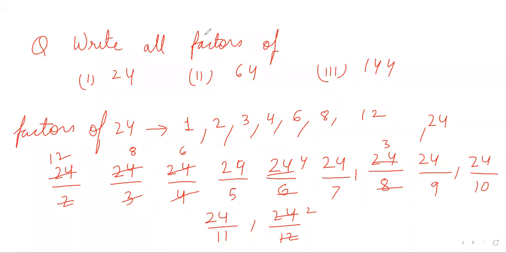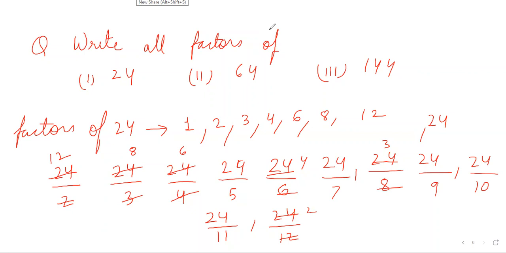Okay, so let me check the answers of the students who have put it. Samarth, you are correct. Hriday, one factor is missing. That is 8. I have written it. You have not written 8 in the chat box.